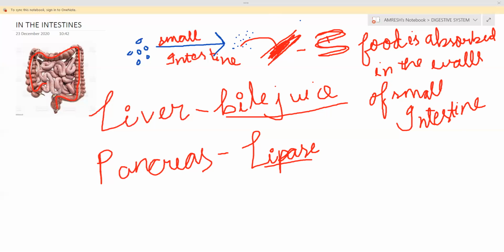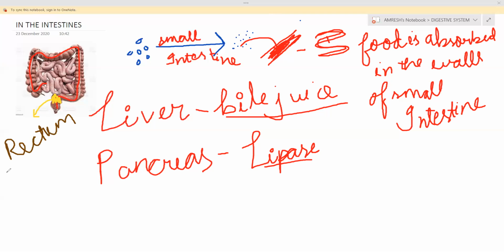These feces are yellow in color. These feces are stored in the rectum.